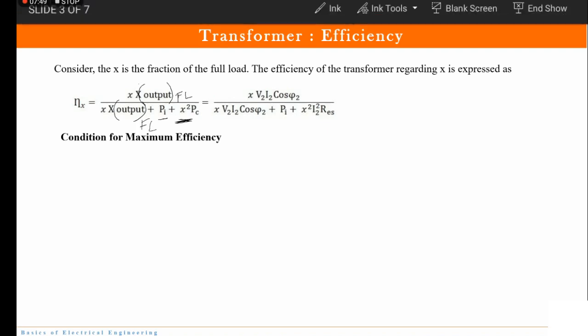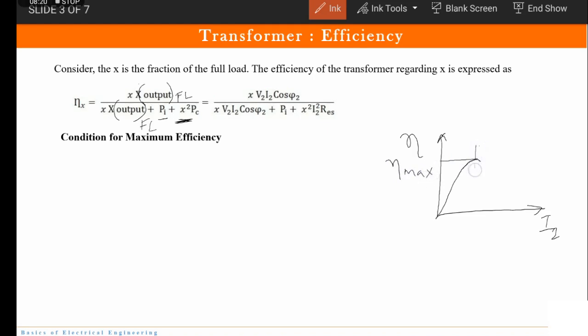So when we plot the graph for efficiency with respect to output current, we notice that efficiency increases by increasing the output current till a particular point, and this point is called maximum efficiency.